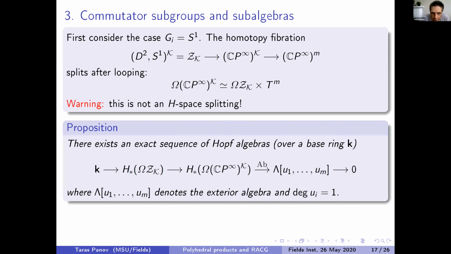In the middle you have the loop homology of that complicated space, the polyhedral power of CP infinity. This is a large non-commutative algebra. Here you have the loop homology of CP infinity to the power m, which is just the homology of the torus, a very small graded commutative exterior algebra.